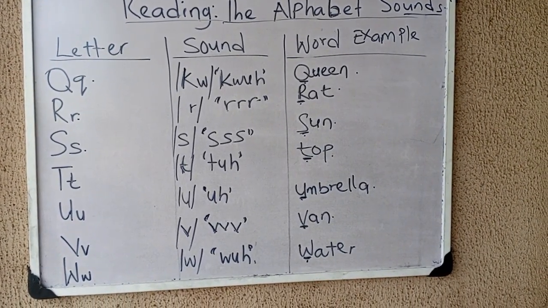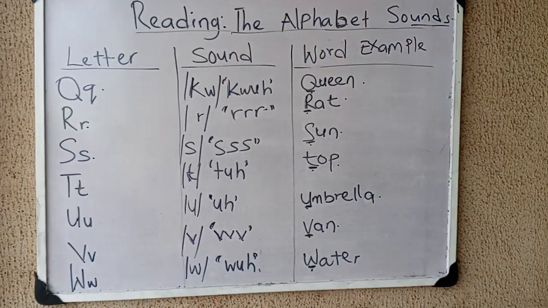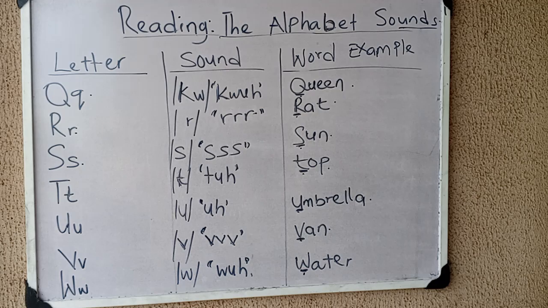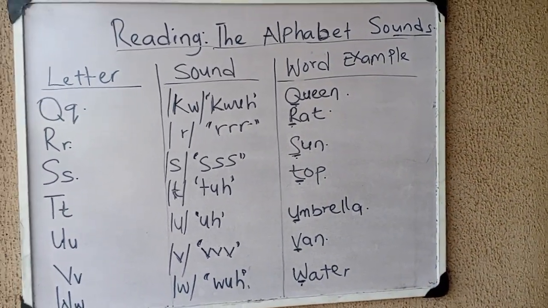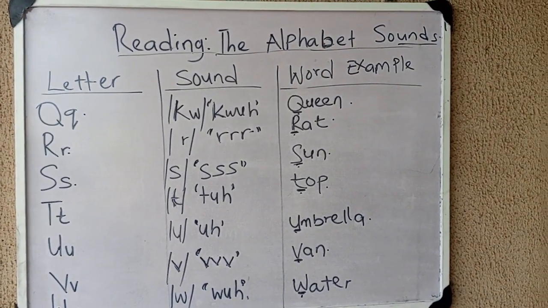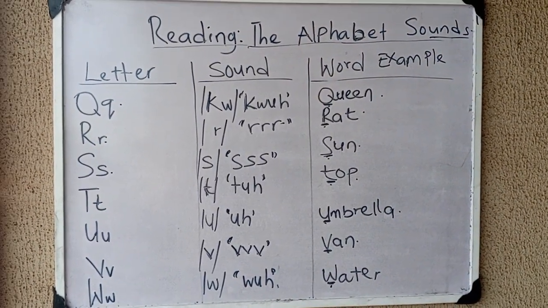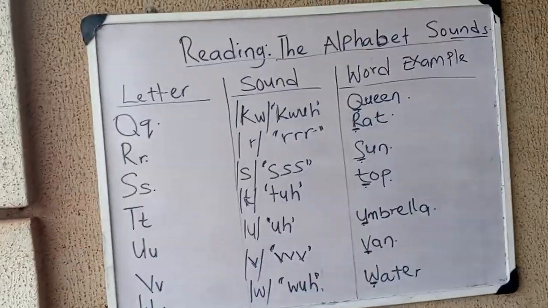But that is our S sound. On the word example there we have sun, sun, sun. You can also note that I've underlined that sound for easy identification. All right, we move on to the next letter.